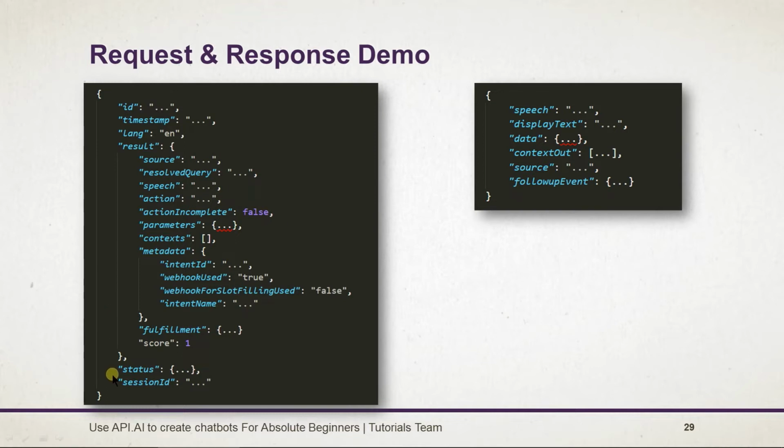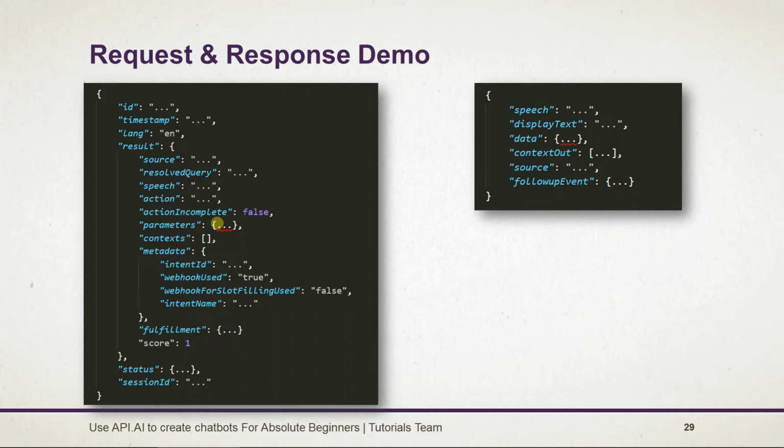Status contains the status of the request, which represents the HTTP status code and the message. Session ID is used to identify the conversation uniquely. Result is the main object, which contains the source from which we send the request. Resolved query contains the query that the user wrote. Speech contains the text that the user said.